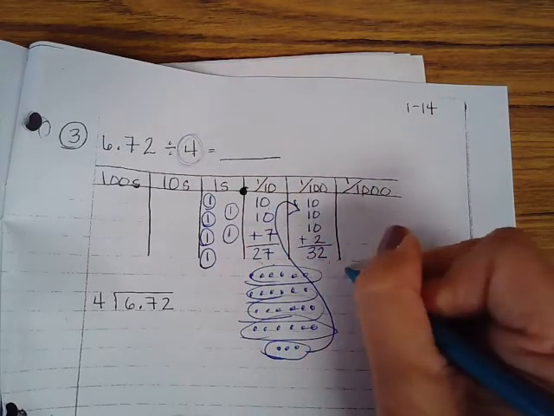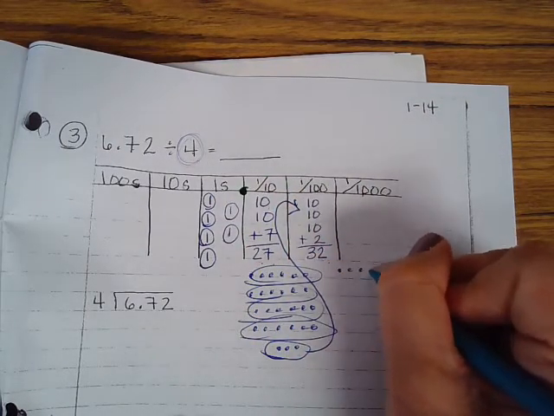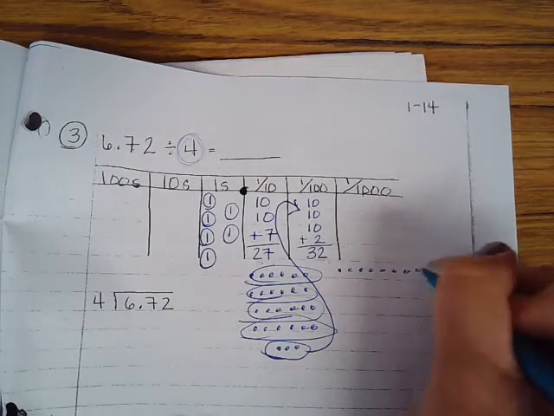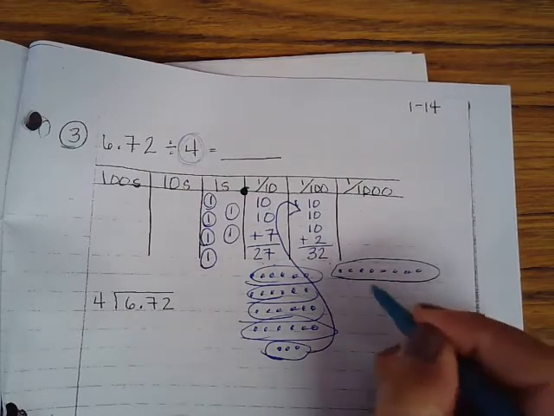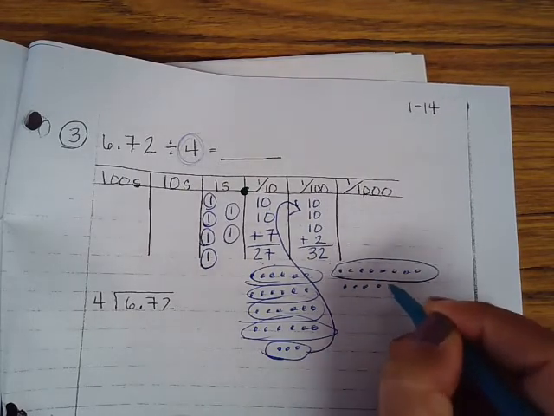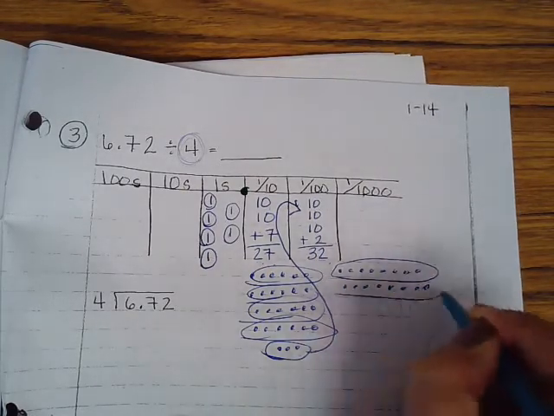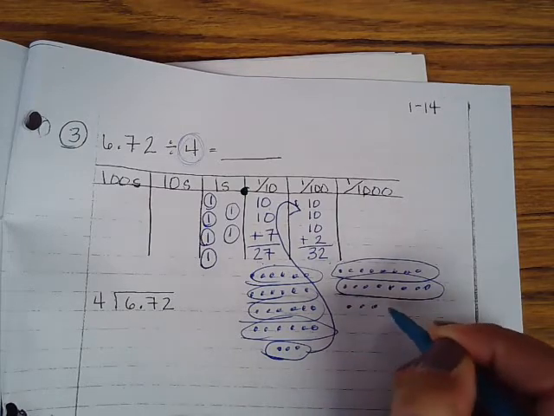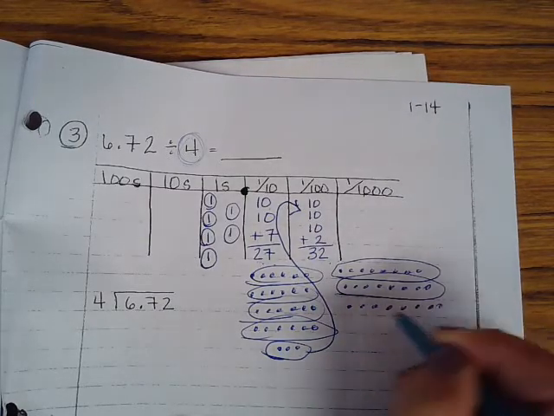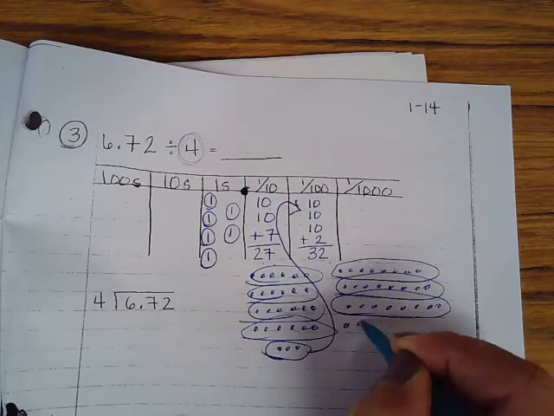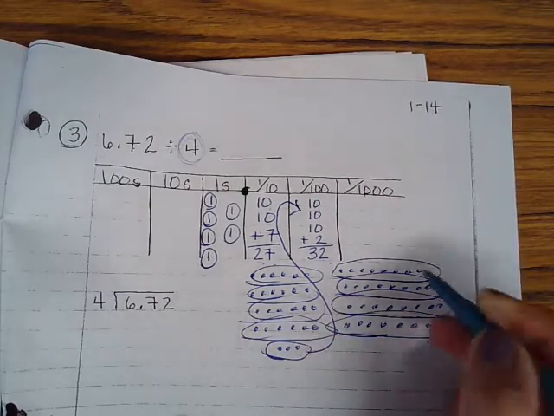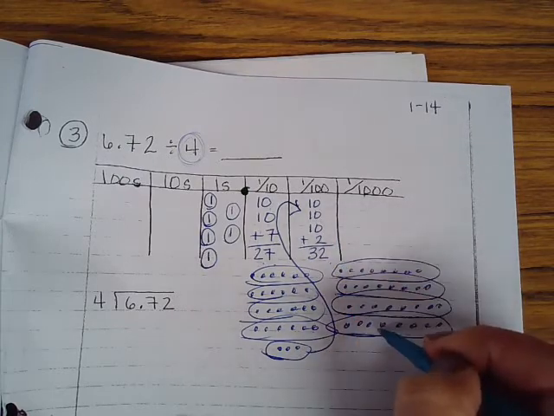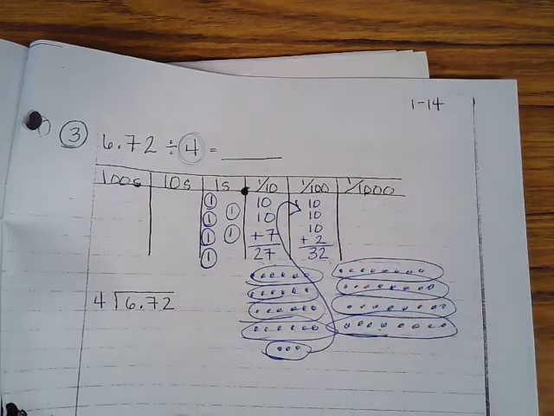How many would be in each group? You're right, you guys. It would be 8. So 8 would be in each group.